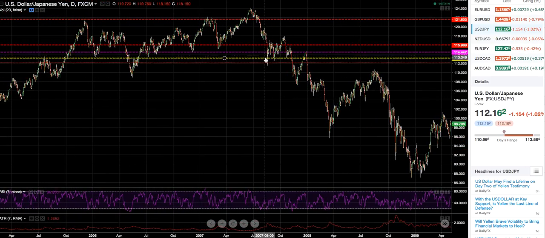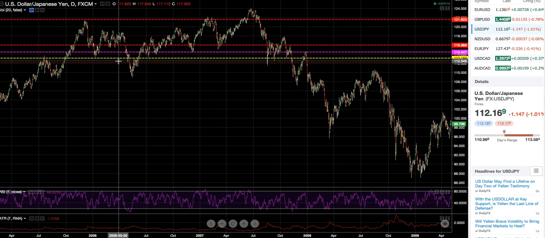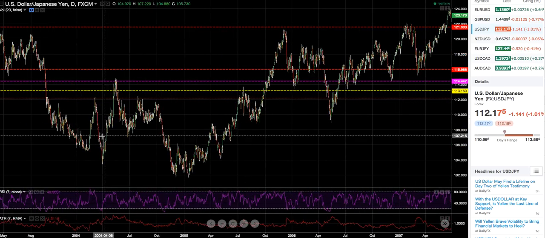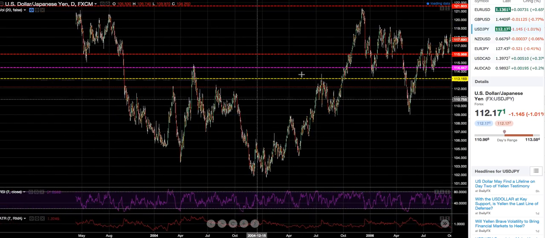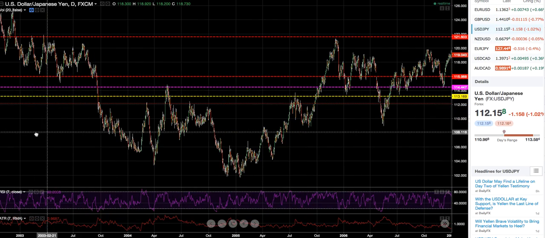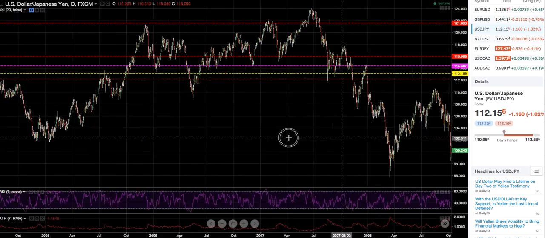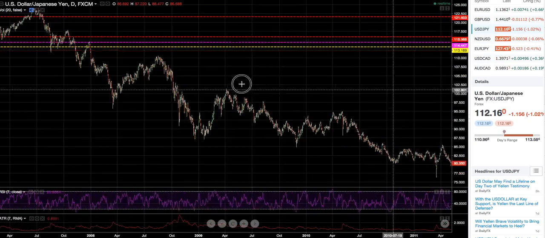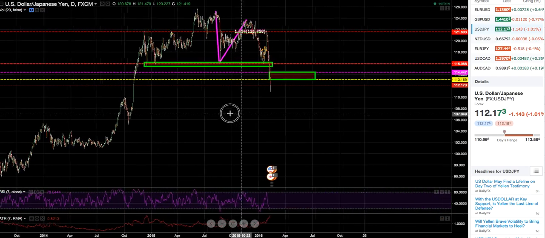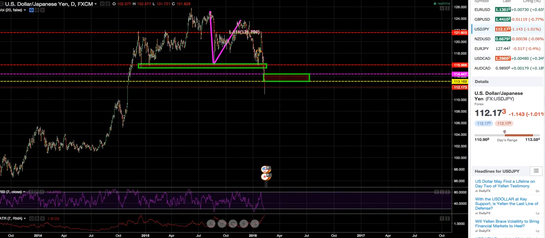You can see you have some structure right here, right here, right here, some right here. Not a fantastic level, but we have some structure. We have our box right here.